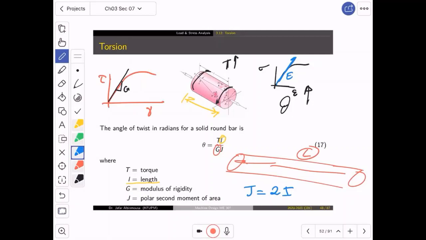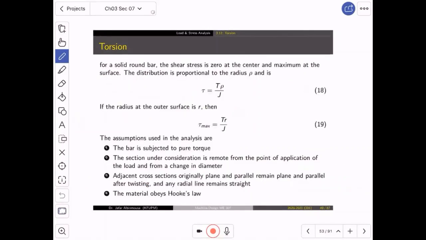Good? Now, what is the shear stress? The shear stress, as I explained earlier, is related to rho, the radius, J, which is a property of the cross-section, and of course the applied torque. Good?